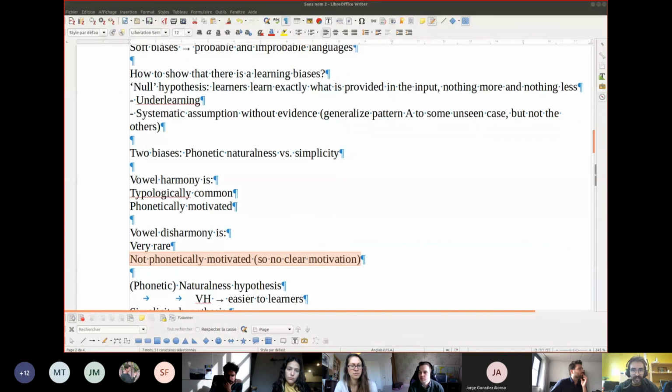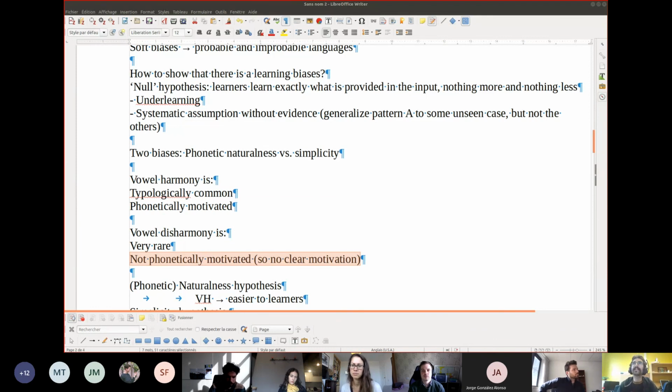A question by Remy. Okay, so hi, thank you for the talk. I have a question about vowel harmony and disharmony. Basically, correct me if I'm wrong, you said that typologically vowel harmony is common, and disharmony is very rare, and there is no clear motivation about why it happened. And then you test your hypothesis on English speakers.